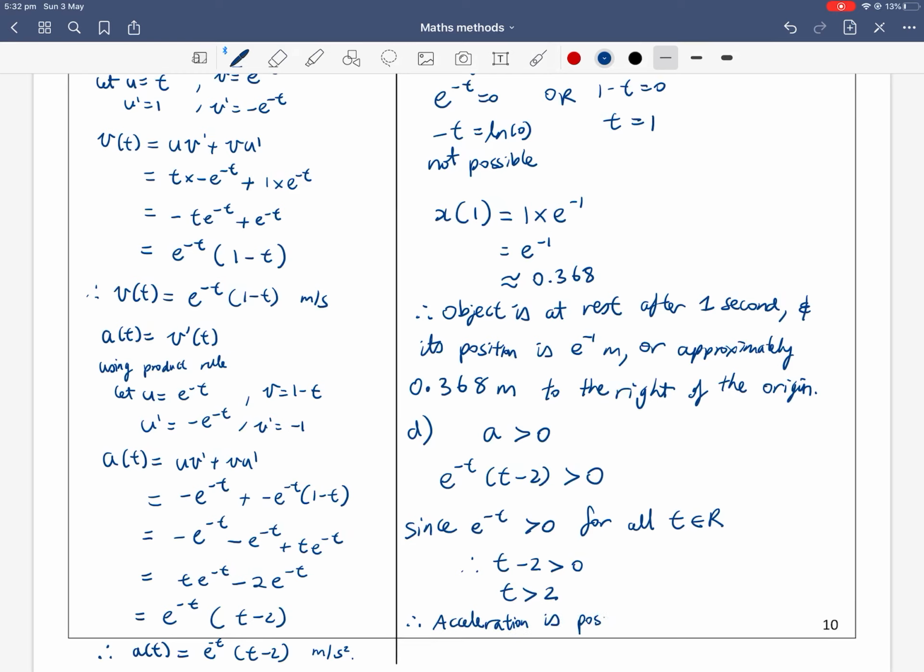So acceleration is positive when, you know what, let's not use belongs in, when t is between 2 and less than or equal to 5 seconds.